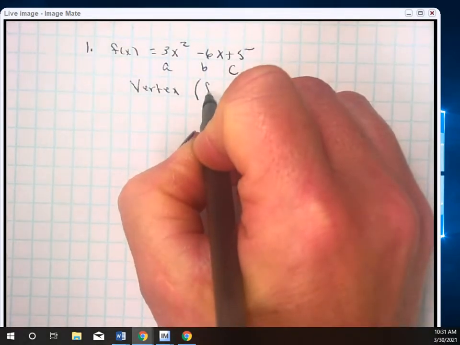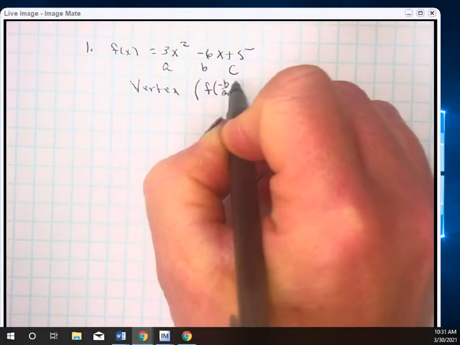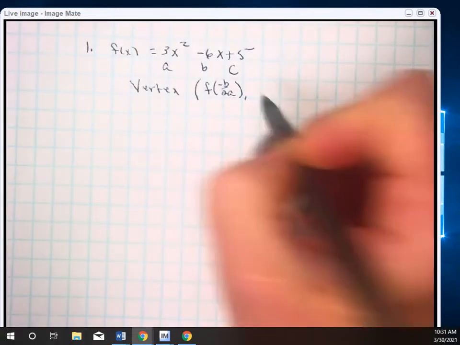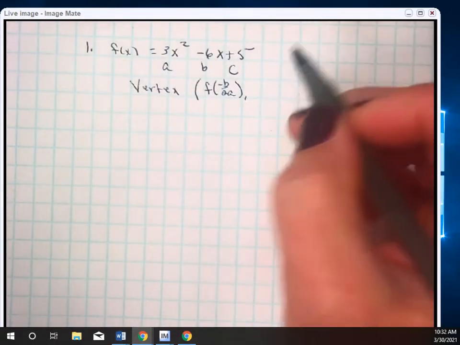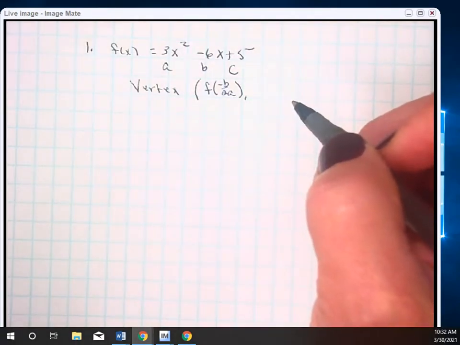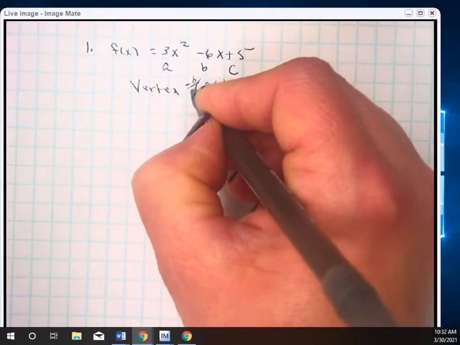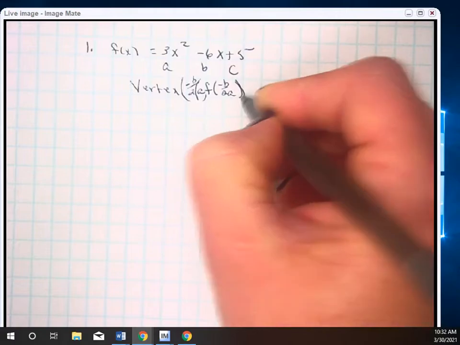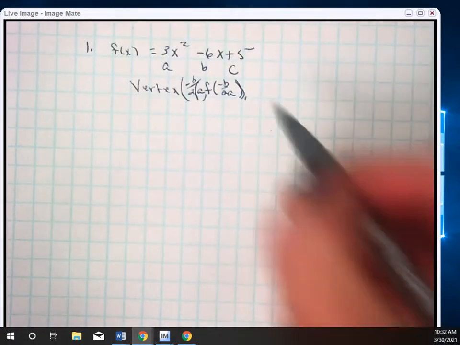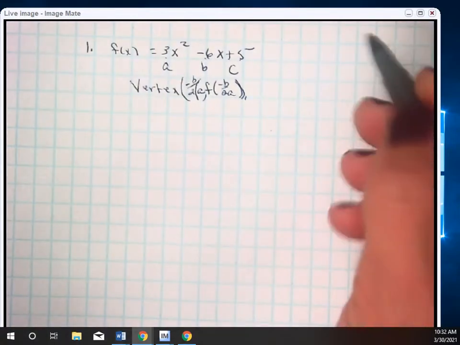So the f of the opposite of B over 2A, in order, A, B, C. So it's got to be in standard form.